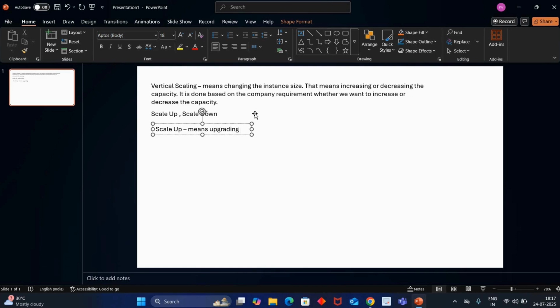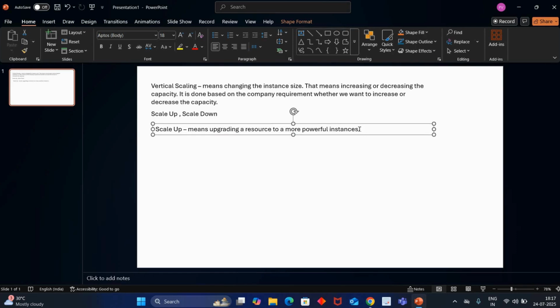So scale up means upgrading a resource to a more powerful instance.